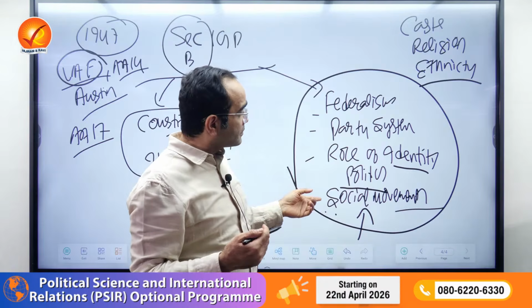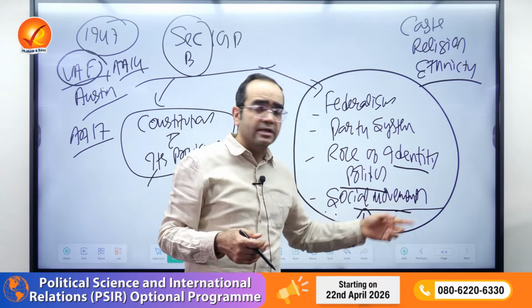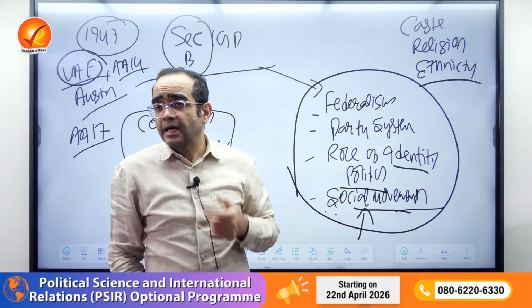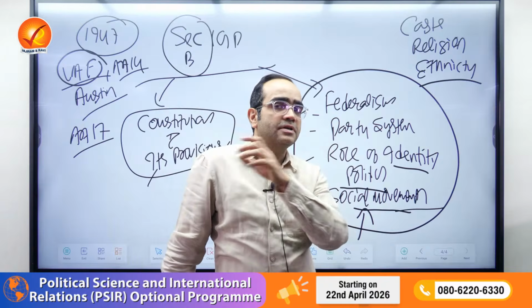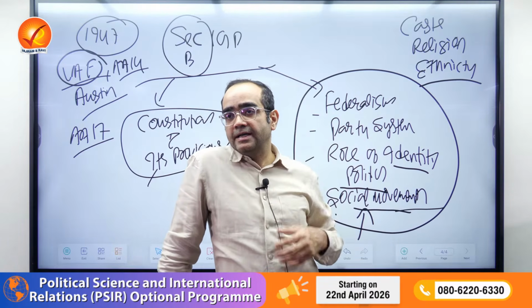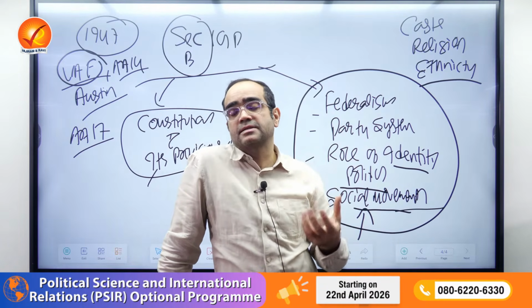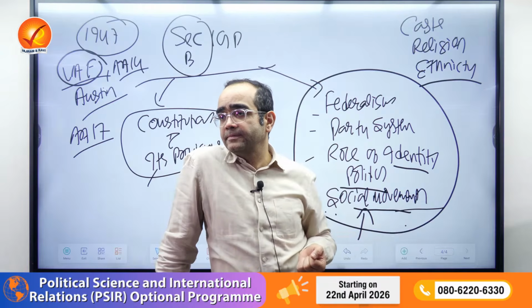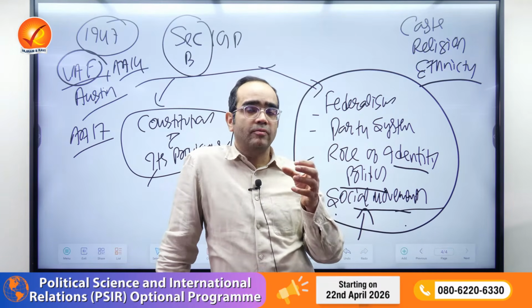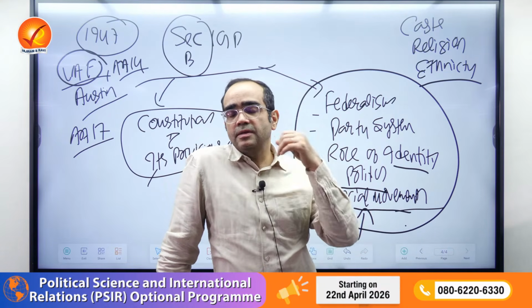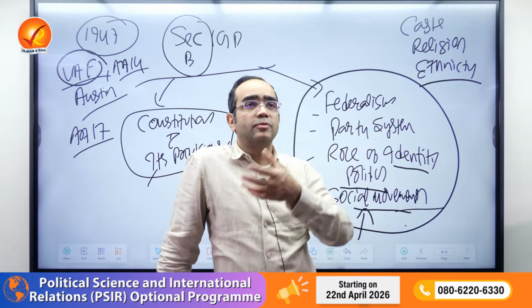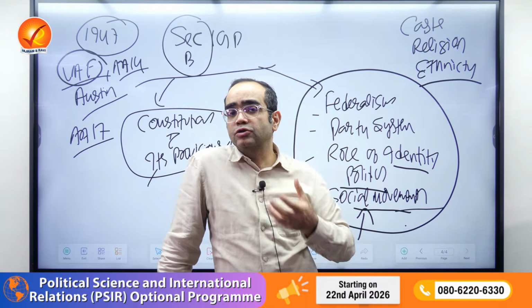And that's what we have to discuss, the women's movement. The 33% reservation given to women is one of the successes of the women's movement in India. That's how they have pressurized all the political elites to accommodate women within the Lok Sabha and Vidhan Sabha.